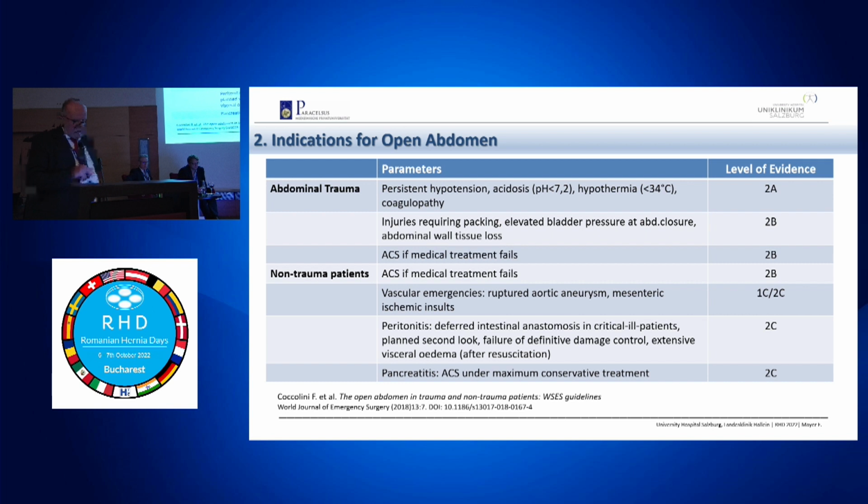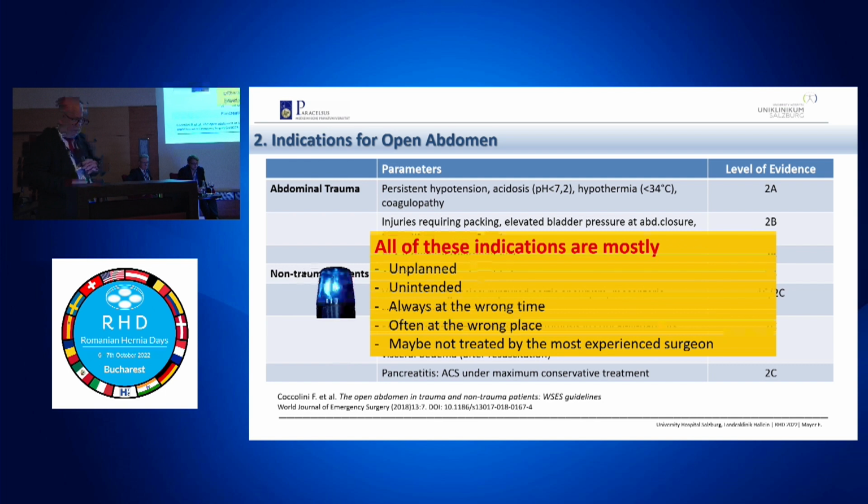Non-trauma patients are mainly patients with abdominal compartment syndrome after failed medical treatment, vascular emergencies, peritonitis patients, and patients with pancreatitis. All of these indications are mostly unplanned, unintended, always or almost always at the wrong time, often at the wrong place, and maybe not treated by the most experienced surgeon at the first stage.